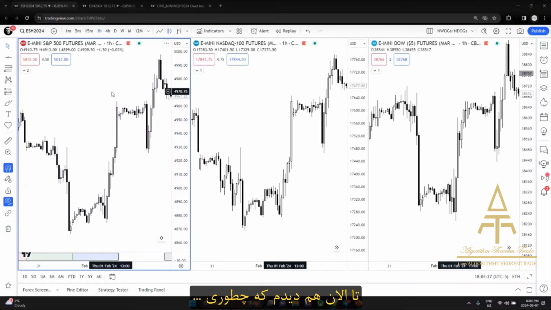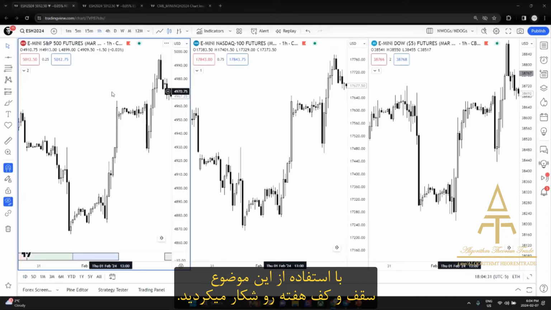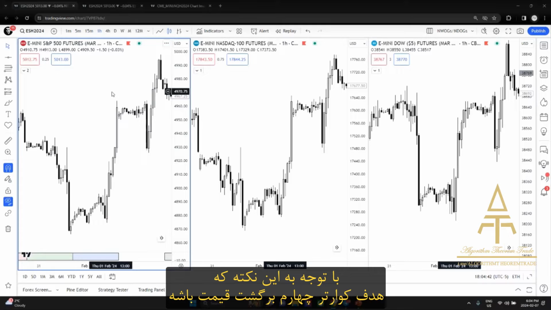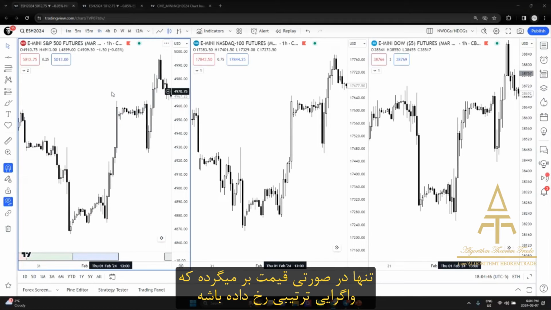So far, I've been seeing you guys using this to capitulate on moves, catching reversals, highs of the week, highs of the days, lows of the days with this. Due to the fact that the purpose of Q4 is to reverse, the only time it will reverse is when we have sequential SMT there.